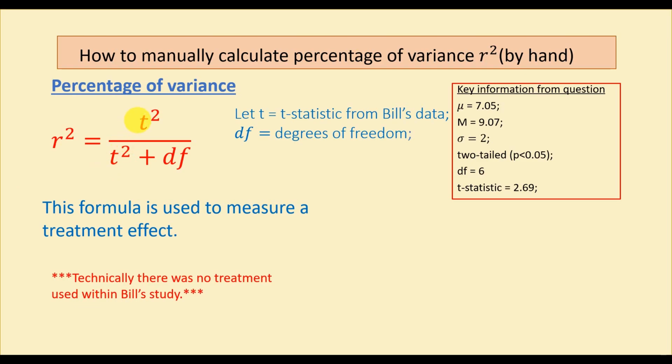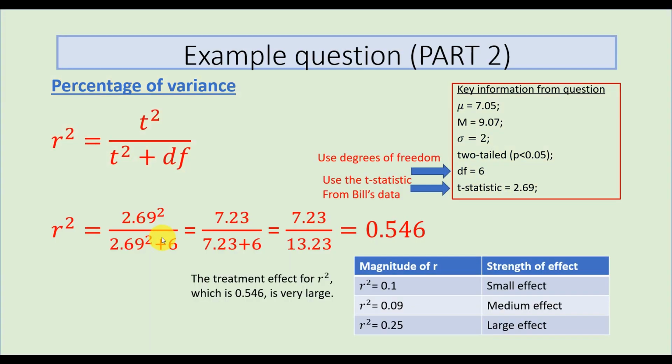This formula does require that you have already done certain calculations. Here we actually need the t-statistic from Bill's data, which is over here in the table, 2.69, plus the degrees of freedom, which is 6. So to use this formula, we would do 2.69 squared divided by 2.69 squared plus 6, and we actually get an r squared of 0.54.